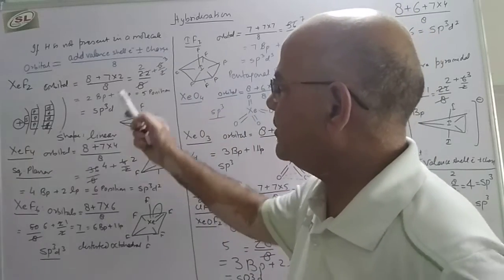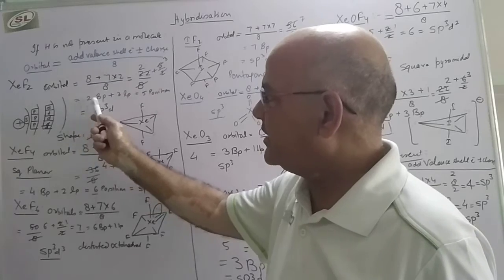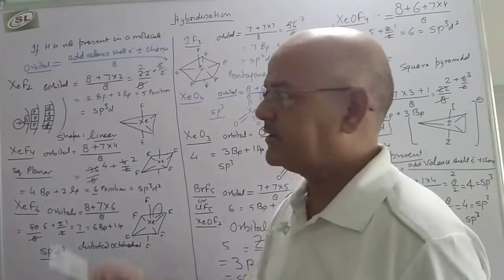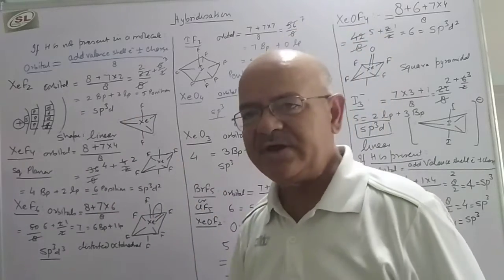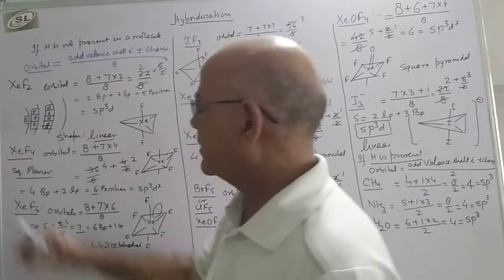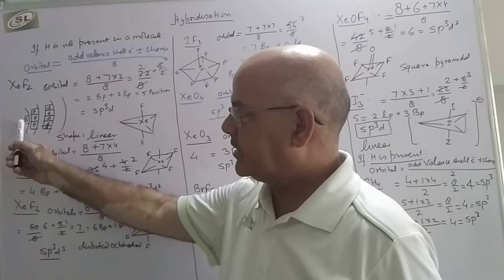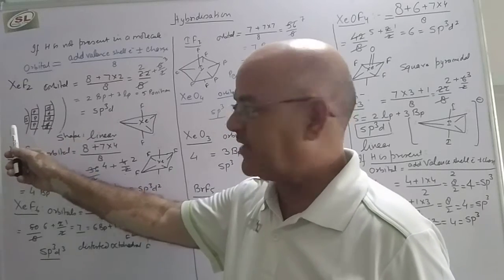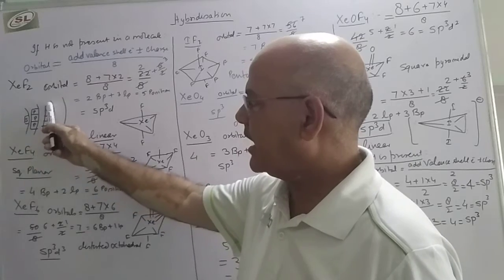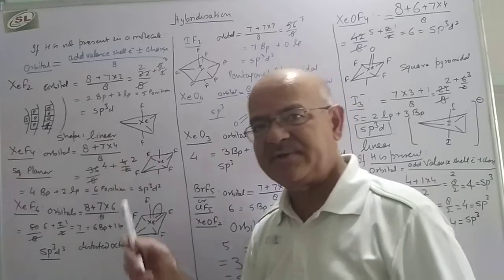So it will come 3. That means the first division suggests there will be 2 bond pairs, and the remainder division suggests there will be 3 lone pairs. So we need a total of 5 positions, and we will count the 5 orbitals from S to D. The hybridization will come S, P3 and 1D. A total of 5 orbitals, so it will be sp3d.